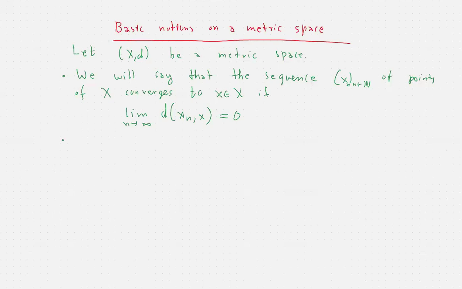So B of x comma rho is all the y's in X such that their distance from the point x is less than rho.